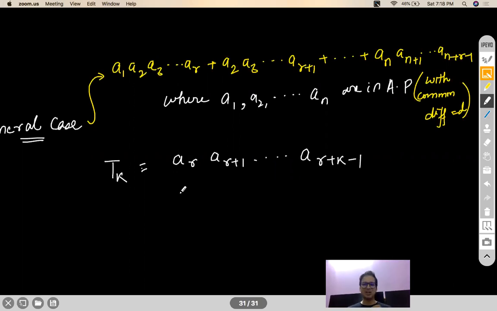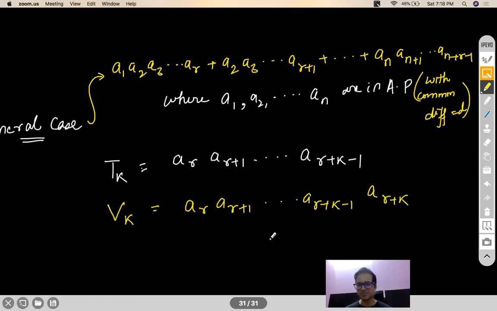Right? Now, in such kind of questions, we always formulate a term Vk by adding one more factor had it continued, right? So this continues, let's say like this, and one more factor if you add, it becomes Rk plus 1. Are you getting my point? And if you do Vk minus Vk minus 1, you will always end up getting R plus 1d times Tr.